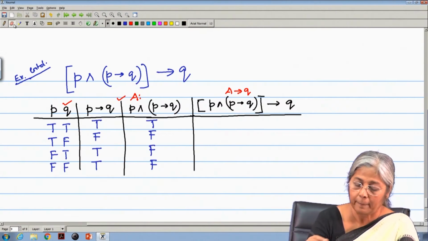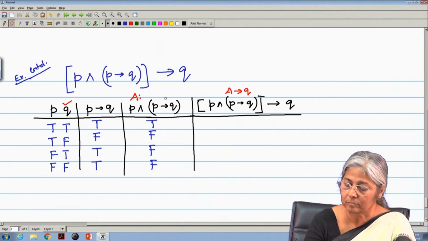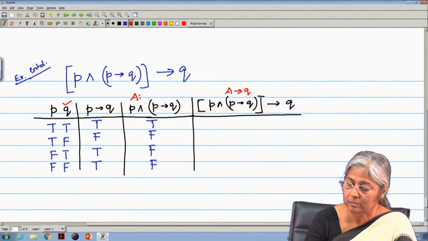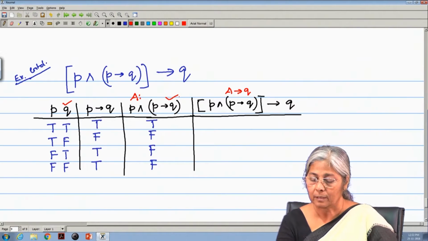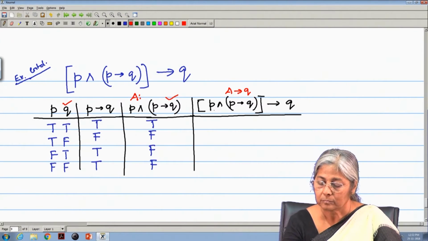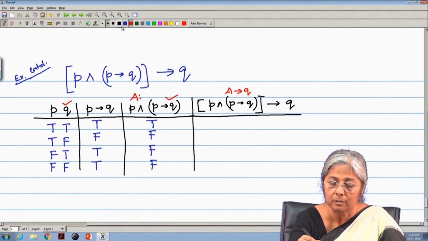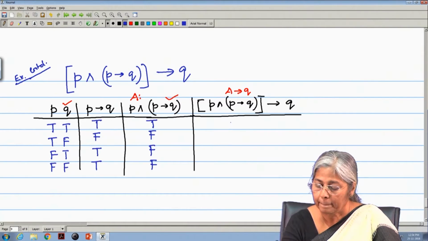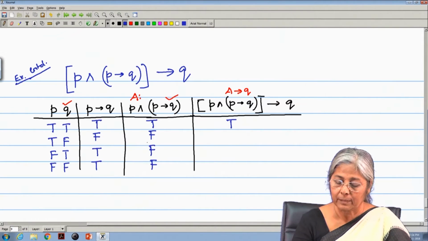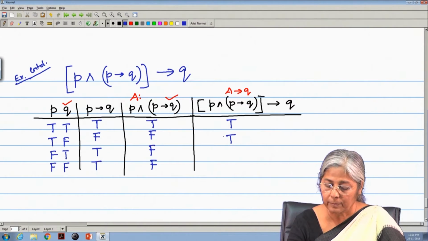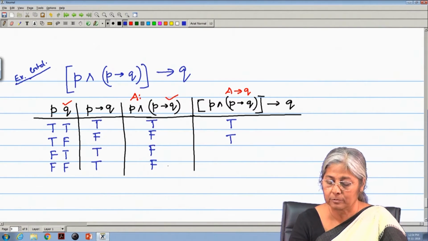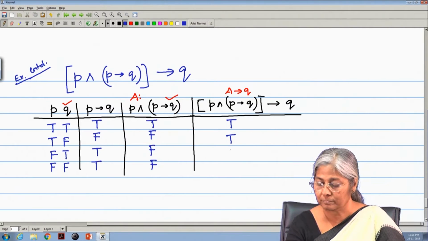For T, T it gives the true value. Then for the F rows, A is false, so all are vacuously true.